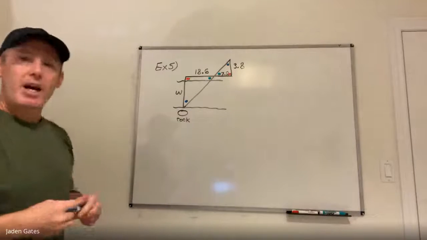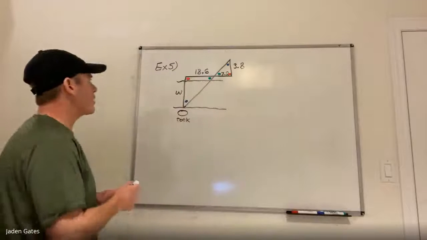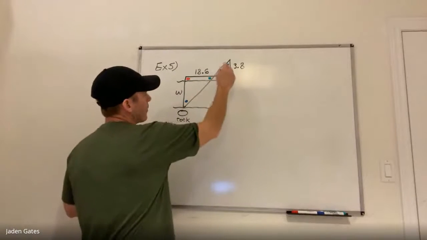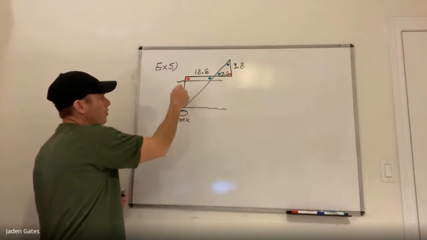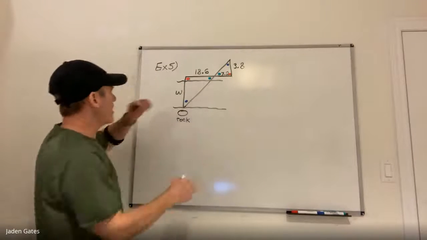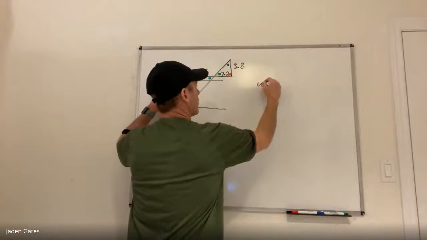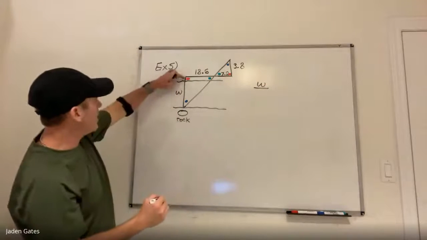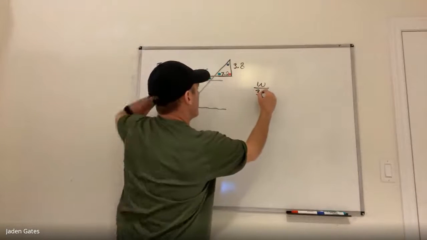So now, because I can match up the angles, I can match up the sides. From the red angle to the blue angle, those two sides are equal. I'm going to do my big triangle on the top, so I'm going to have a W on the top. The matching side, from red angle to blue angle, is 3.8.